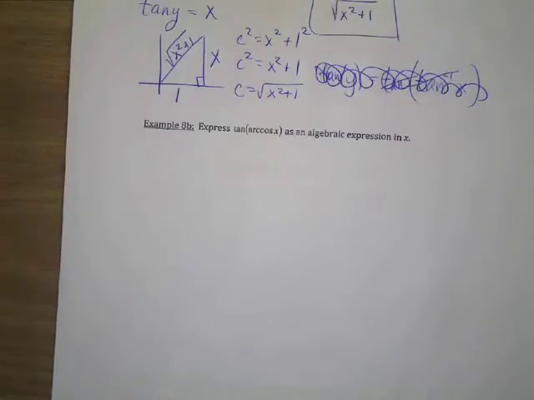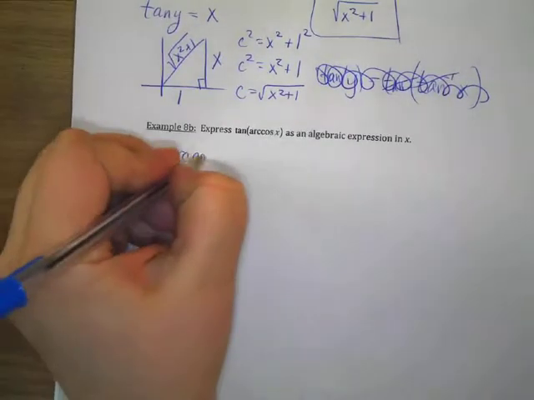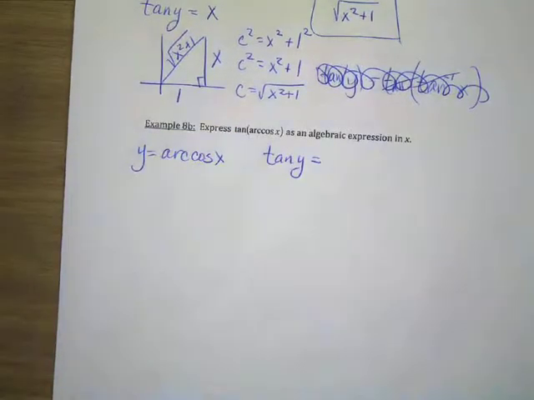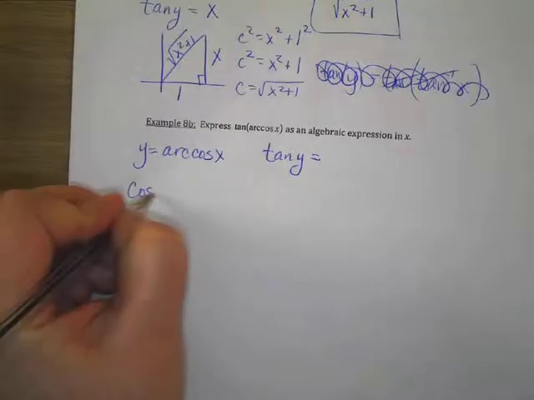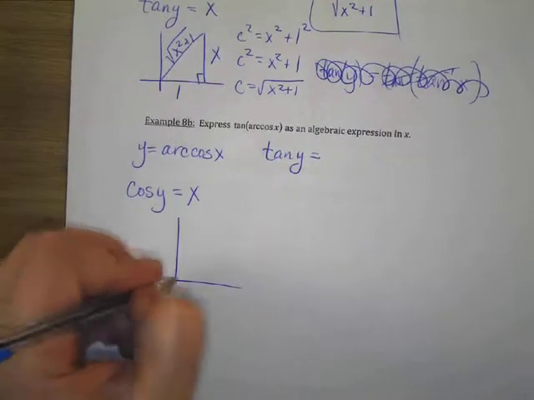So let's do another one. I know it says arc cosine, but really that means the inverse cosine, right? Okay. So what are we going to let the arc cosine of x be called? Y. So really we're looking for the tangent at that place. So how are we going to rewrite it? Cosine of y equals x. Very good. So which quadrant are we in? 1. Always assume these are in 1.